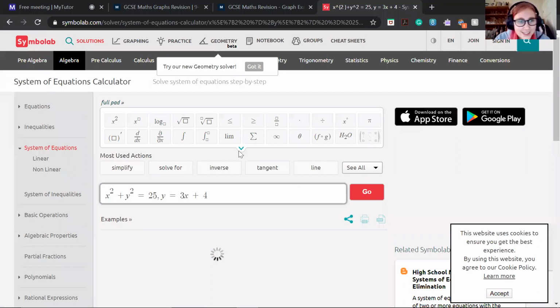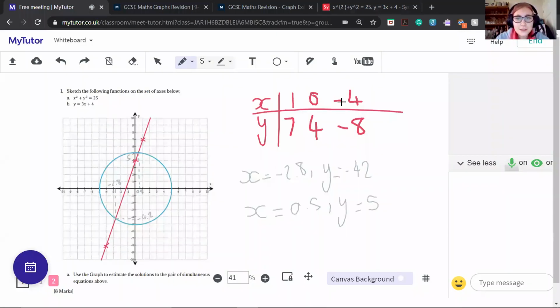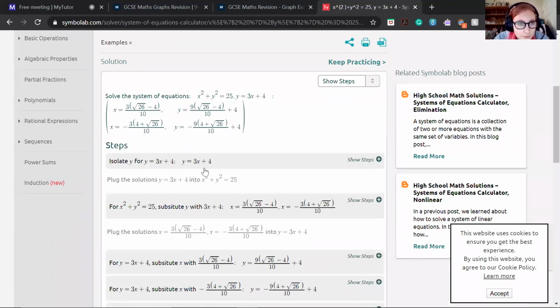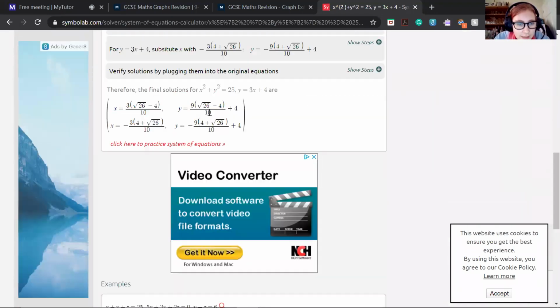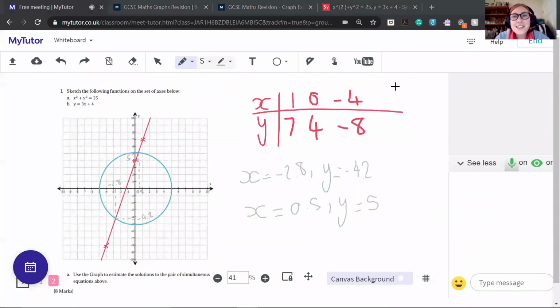And so what are we looking for? Minus 2.8 and minus 4.2, and 0.5 and 5, or something roughly equal to that. Do you want to give us these in decimals? Everything's gone wrong today, hasn't it? Okay, but we'll assume that those are what those are in decimals. Have a look yourself. Maybe we'll calculate it and work it out. But they will be like that, I promise.